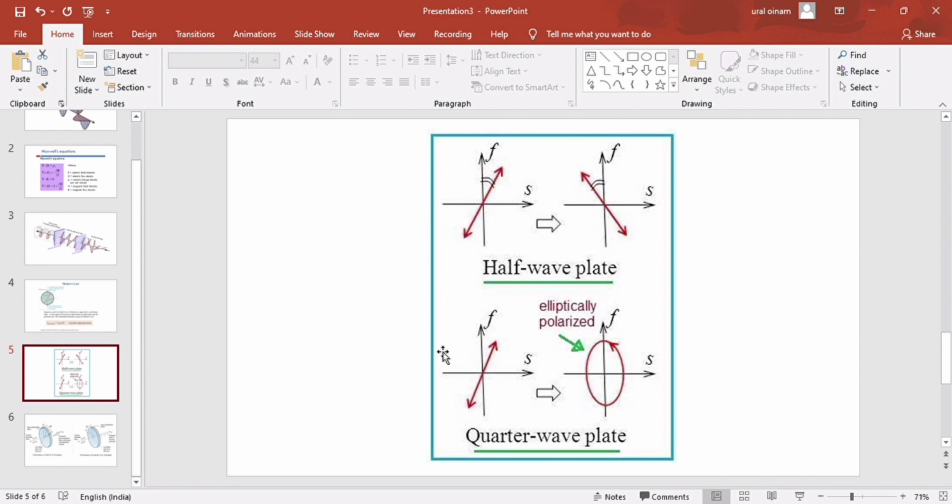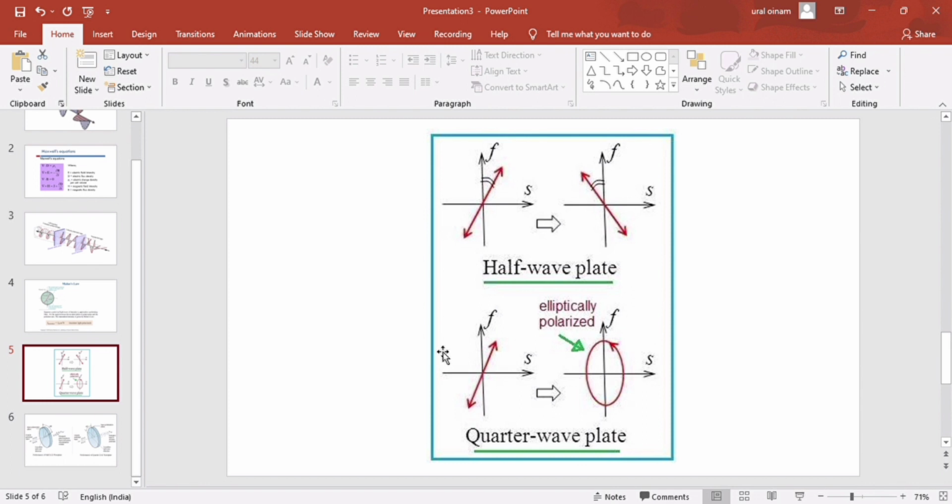So how does this quarter wave plate work? Well, we have this quarter wave plate, and it will have two axes, just like the half wave plate. It will have the fast axis, and then we have the slow axis. The fast axis is also called the optical axis.